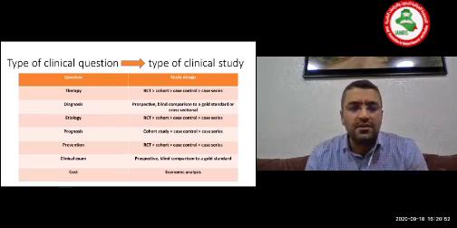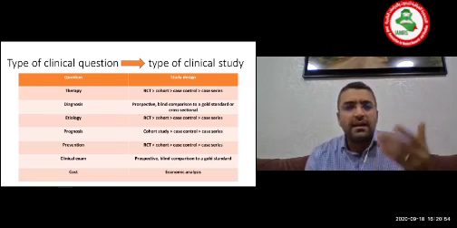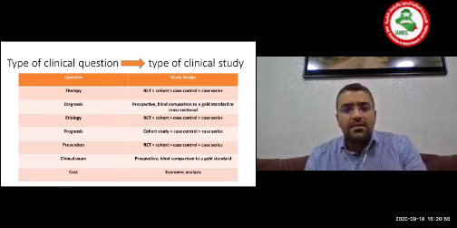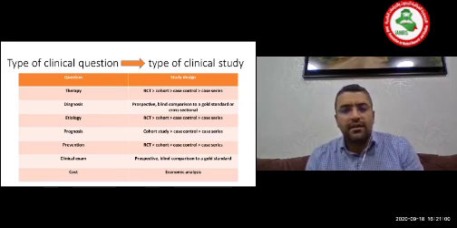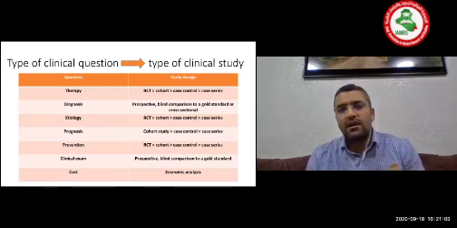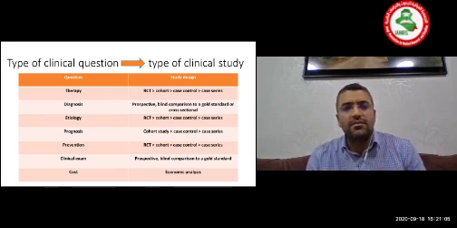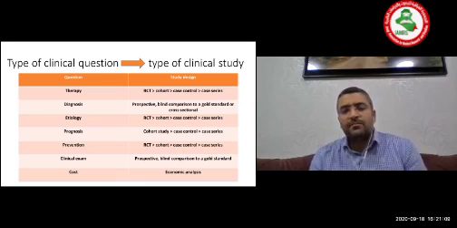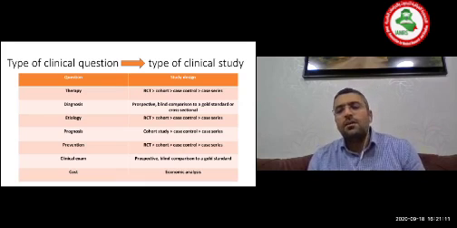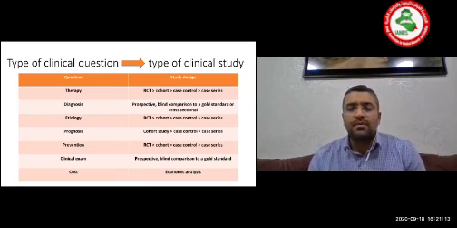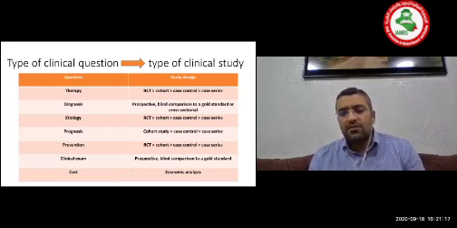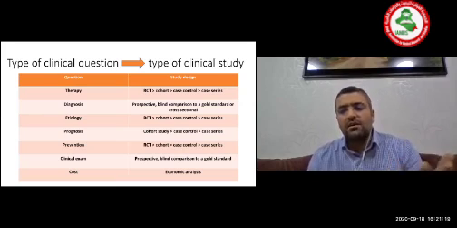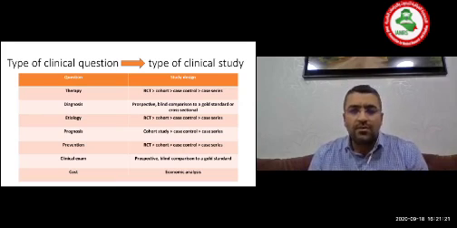This is a prevention study. You want to prevent an outcome by giving a drug. The best modality of doing the study is a randomized controlled trial, followed by cohort study, and so on. If it was a clinical examination question, then you do a prospective study or blind comparison to a gold standard of care. And finally, if it is a cost question, then you do economic analysis, and we rarely use these types of studies.